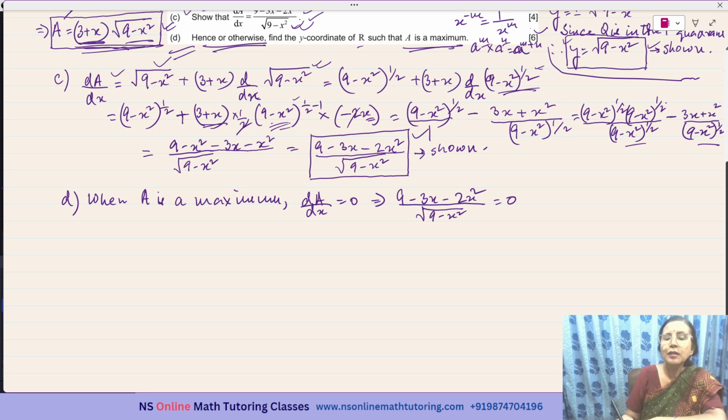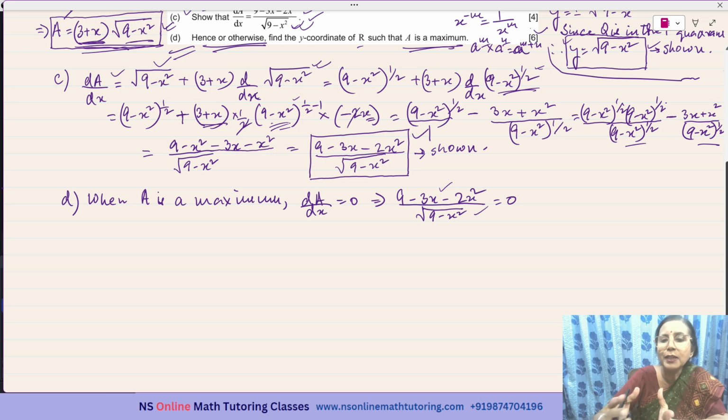Okay. And whenever you have a fraction equal to 0, you may say that the numerator is equal to 0, because you can multiply the entire equation by the denominator. That will be giving you the numerator expression equal to 0.